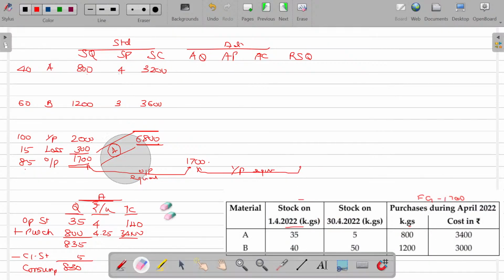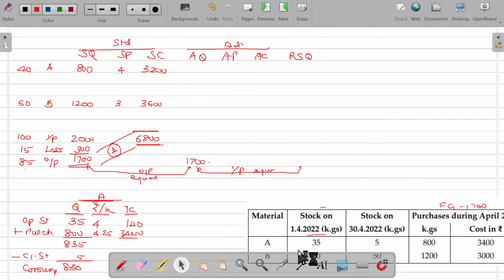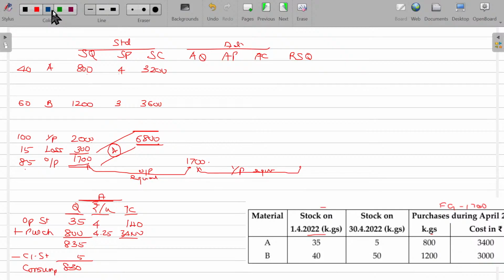Similarly, I have to calculate for B also. In case of B, opening stock 40, quantity, rupees per unit and total cost.